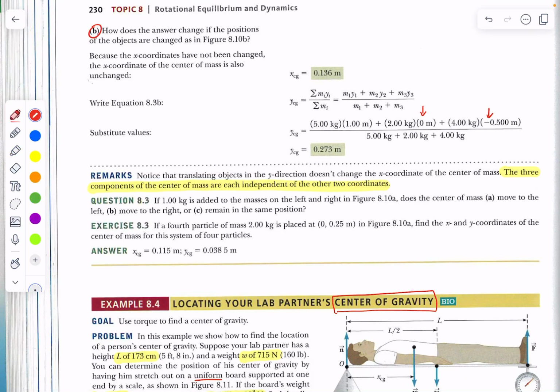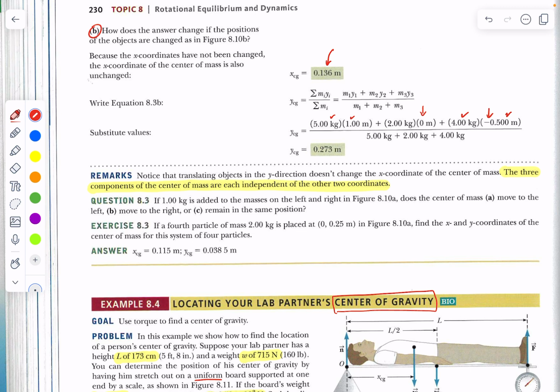But we do know where the center of gravity is. Now when we go to plug in our numbers, our 5 kilogram mass is 1 meter above the x-axis. We're doing this to find the y center, the y coordinate, and we know that the 4 kilogram mass right here is a half a meter below.